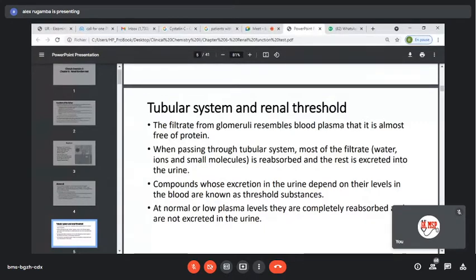And if they are low and those substances appear again in blood, then there is a problem. It indicates that the kidneys are not filtering or eliminating the waste as in a normal condition.